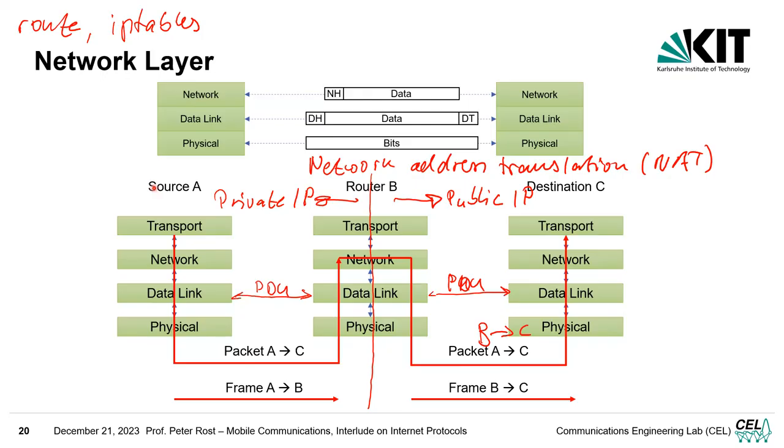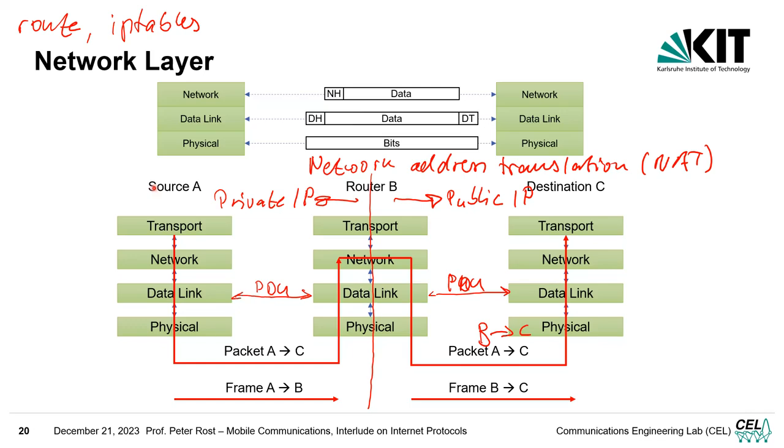Also KIT will have some public IP addresses, and all the IP addresses that we are using here in our KIT network are private IP addresses which are not made public to the outer world, which is good. This also avoids that someone from the internet would be able to access your computer directly and start hacking it.